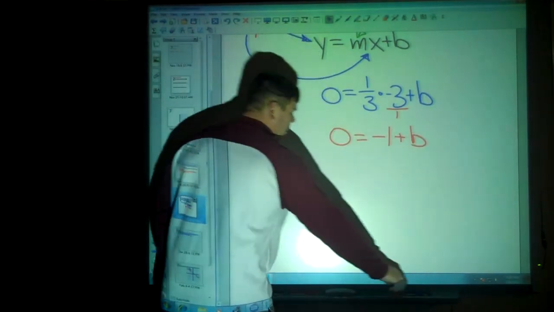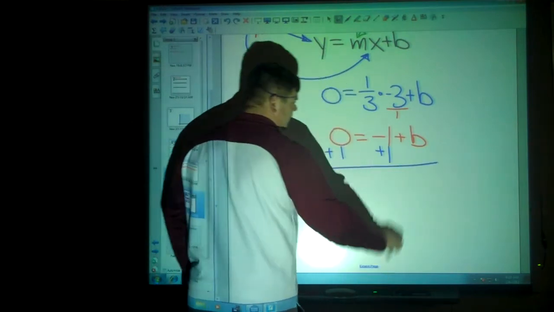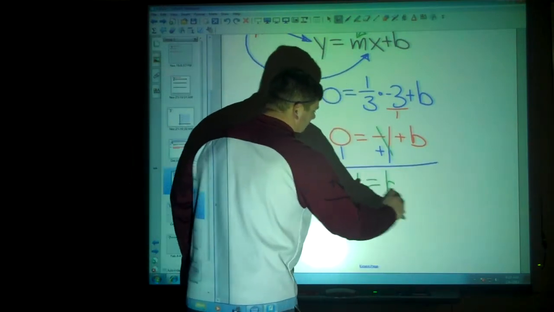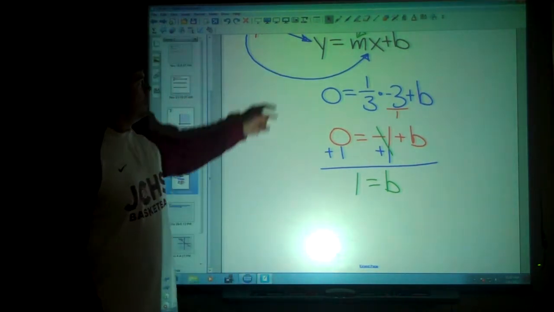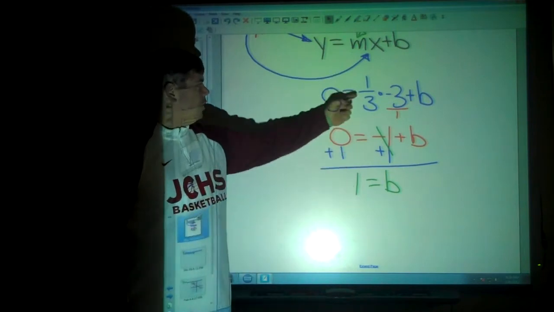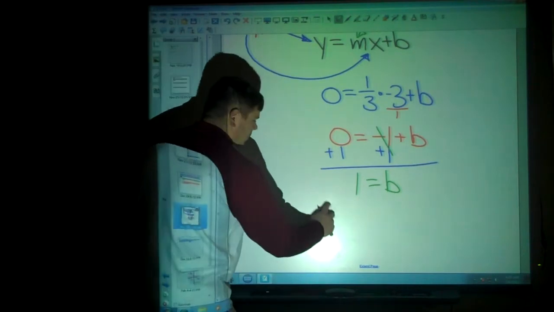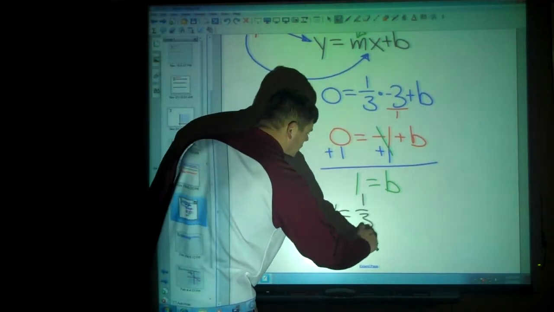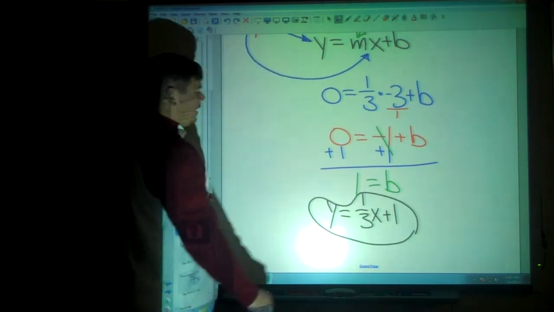Now just to get b alone, you add 1 to both sides, and you now know that your b value is 1. You can't stop here, you have to actually write your equation. Remember, y equals mx plus b. Now you know the b, and you know the slope. So we would say y equals 1/3 x plus 1, and that is our final answer.